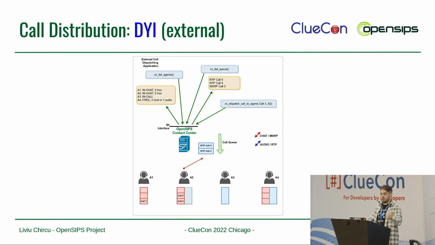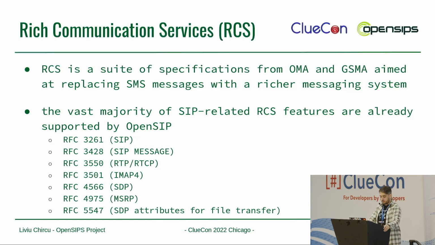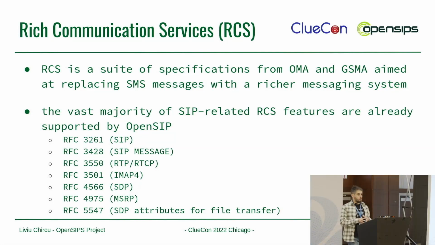Moving on to the IMS and third area we touched on. Our first question was what do we have to do with regards to SIP in order to have support for RCS?